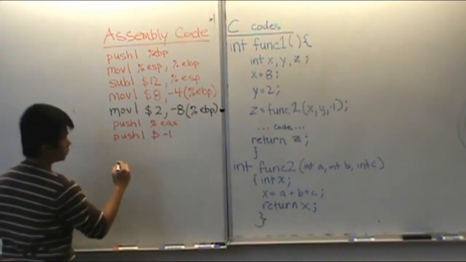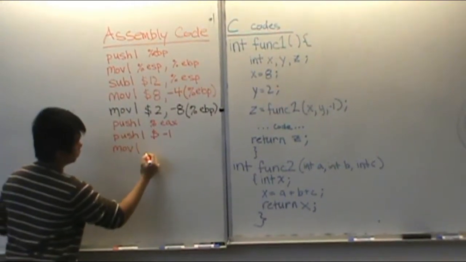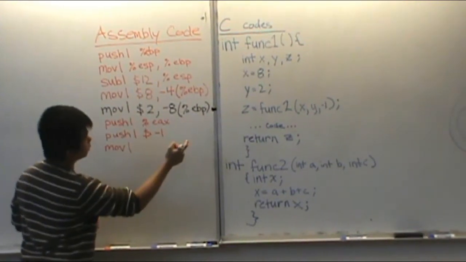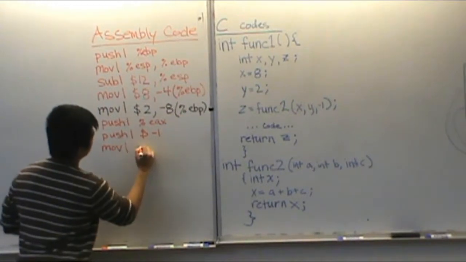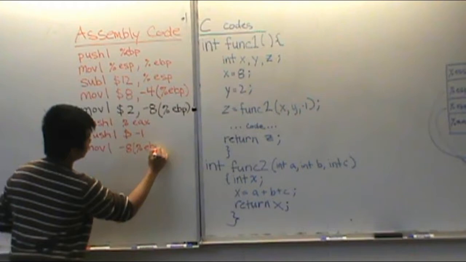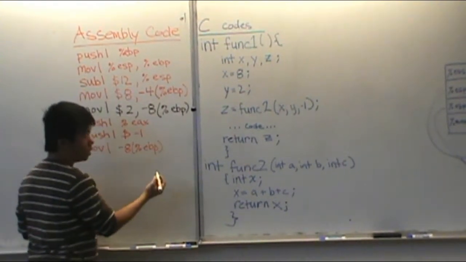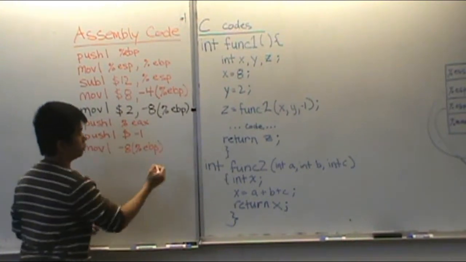So first thing we do is move the y variable, which is -8(%EBP), to a register that we know.